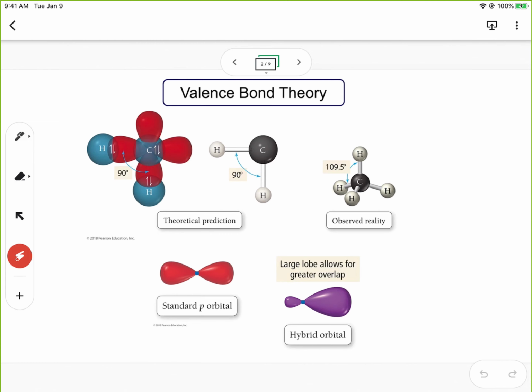Let's take a look at this example, CH4, the methane molecule. For carbon, the full electronic configuration is 1s2, 2s2, and 2p2. Hydrogen, the electronic configuration is just 1s1.